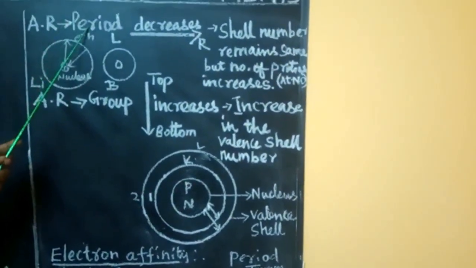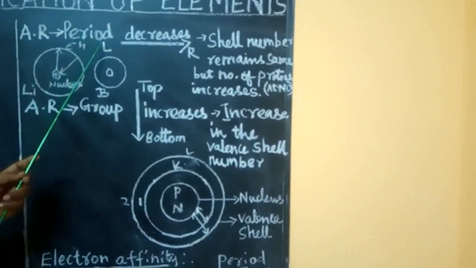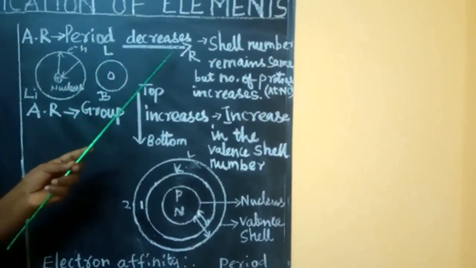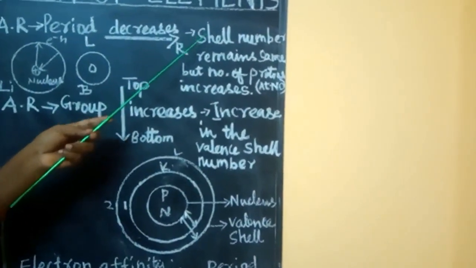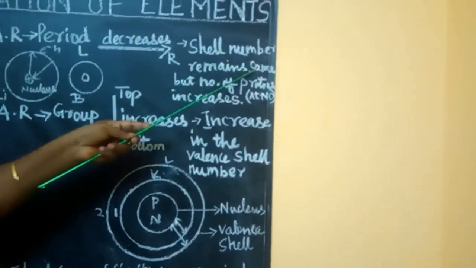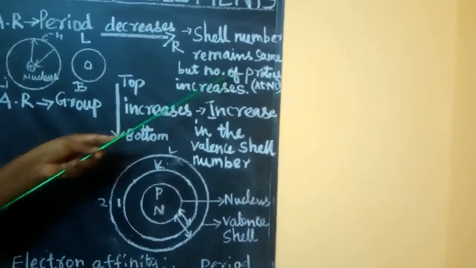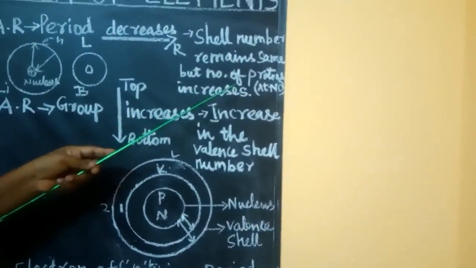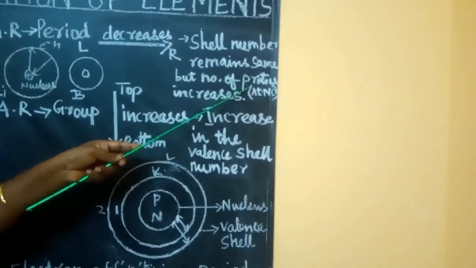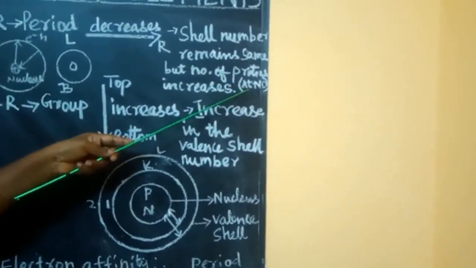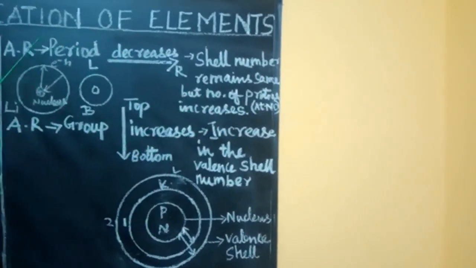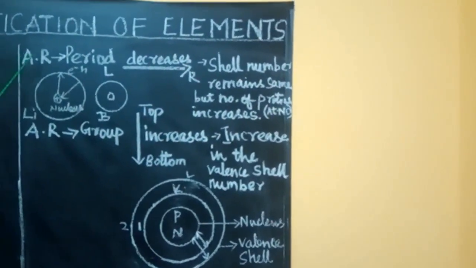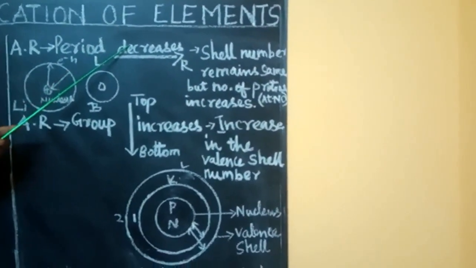Along the period, atomic radius decreases from left to right because the shell number remains the same but the number of protons increases. The number of protons is called the atomic number, denoted by Z. So in this case, atomic radius decreases.